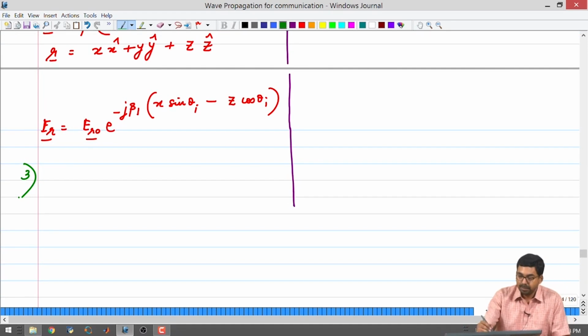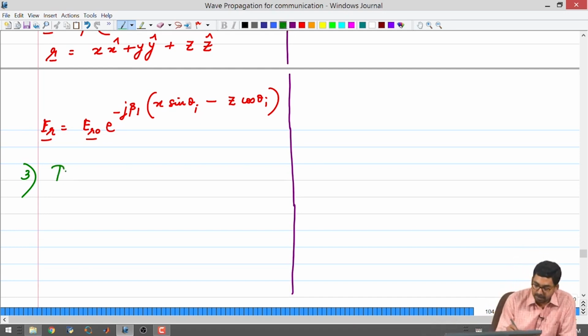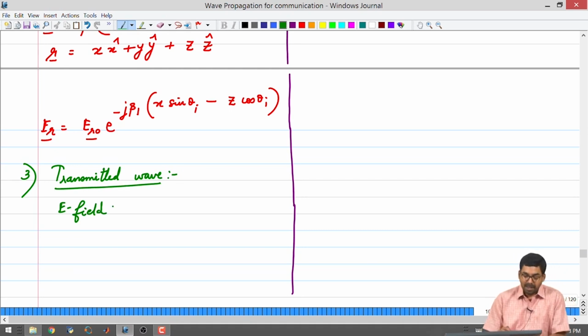Now that we are experts with this part, we can write down the form of the electric field for the transmitted wave. Let us call the transmitted field E suffix t.